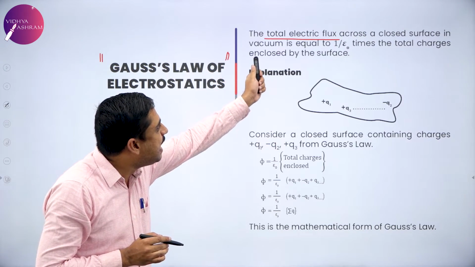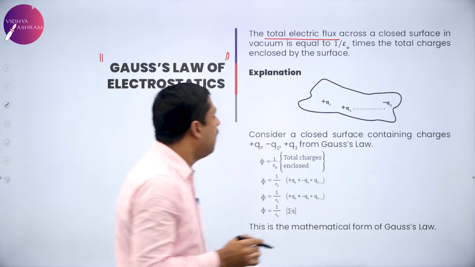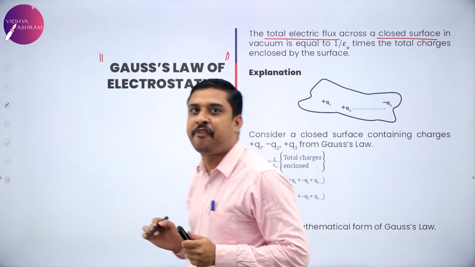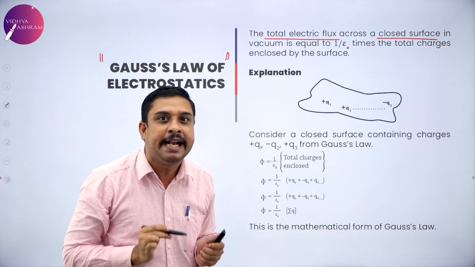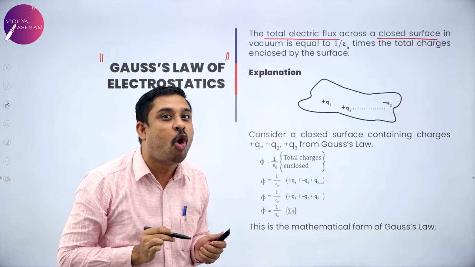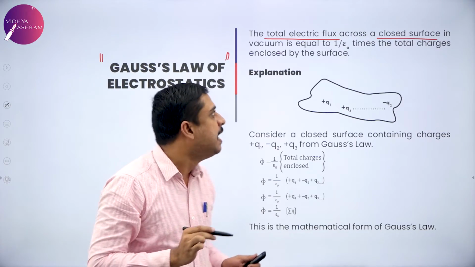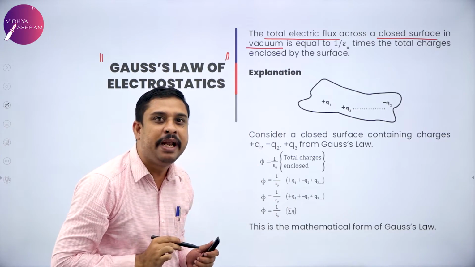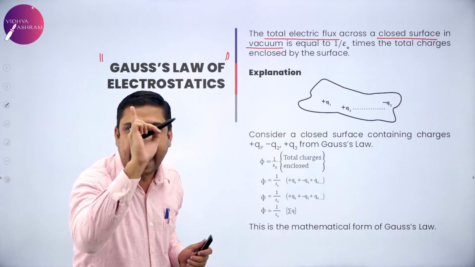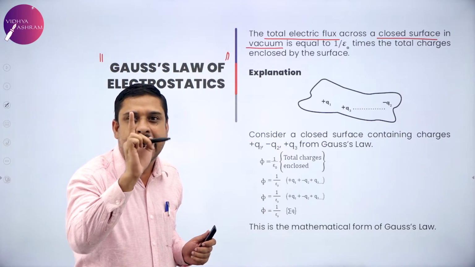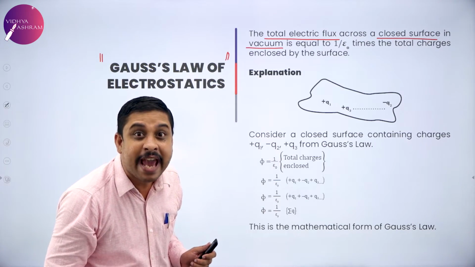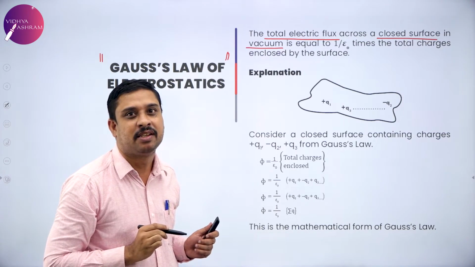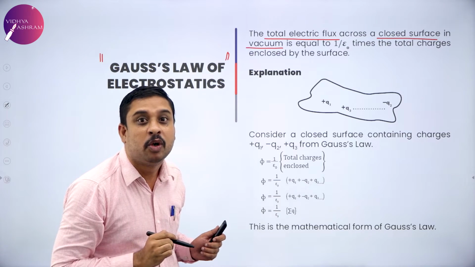Total electric flux across a closed surface. A key term I am using is closed surface, in vacuum, in a medium of free space. I am considering electric flux across a closed surface in which medium?